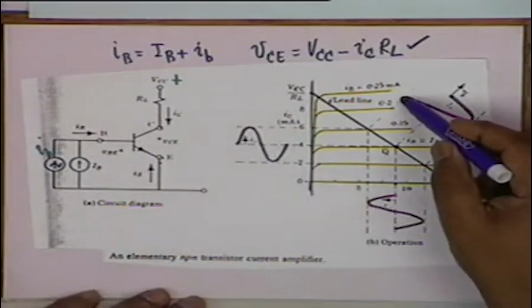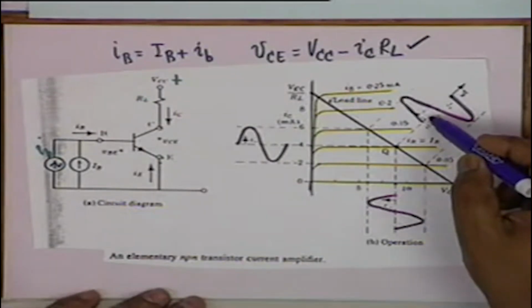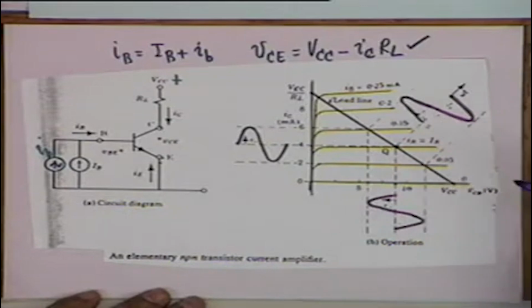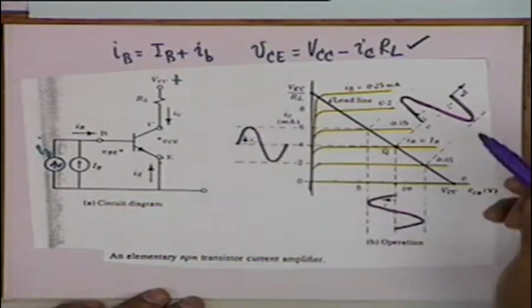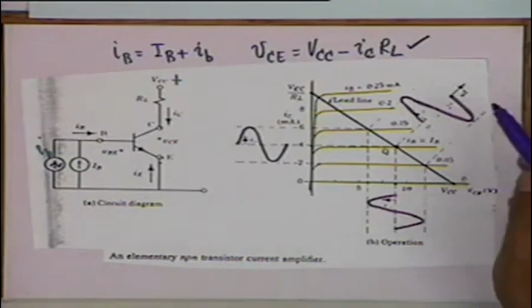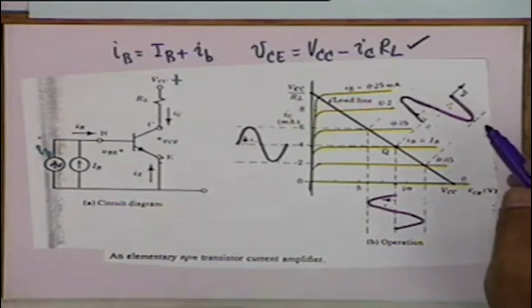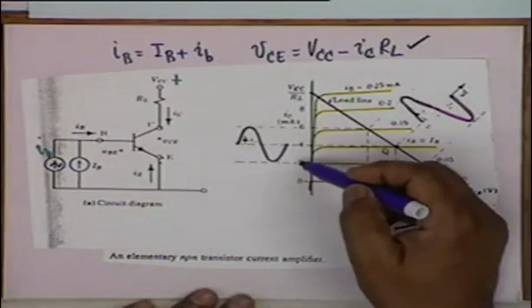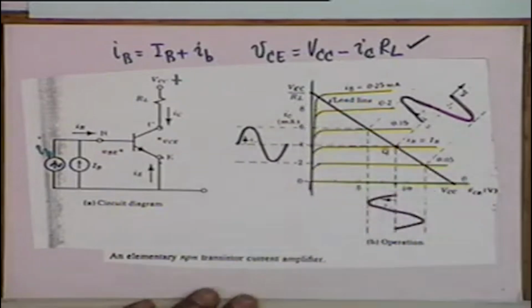If the peak to peak current here is 0.05 milliampere, and the peak, I'm sorry, not peak to peak, is how much? 0.1. And peak to peak here is from 2 to 6, 4.